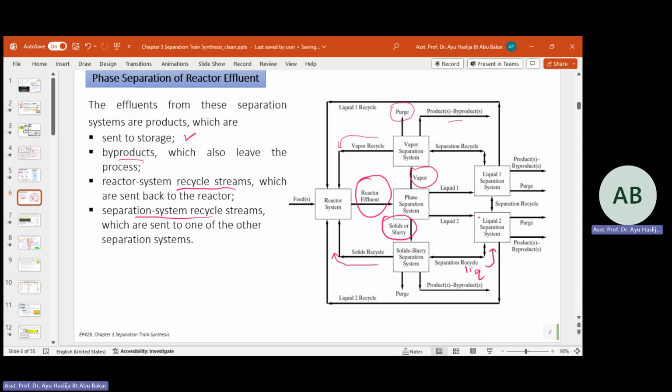Perhaps here you have mixtures of liquids. After going through a few separation systems, you will have your products. So overall, this is your input, and all these effluent streams are your output.